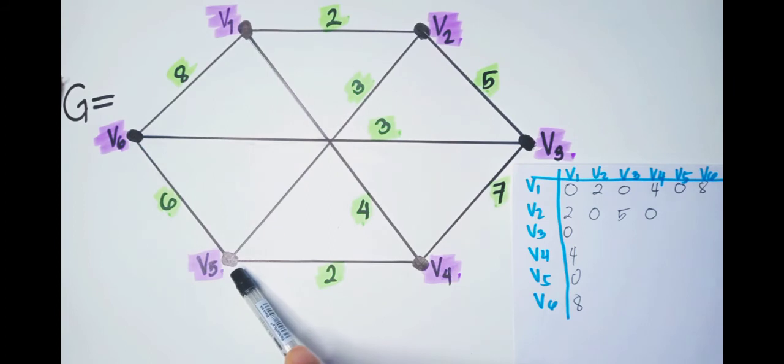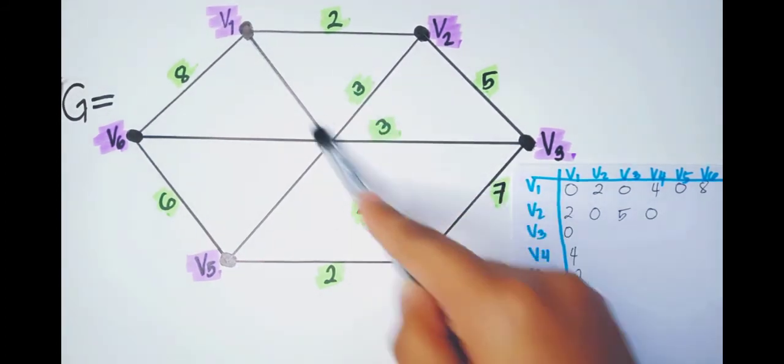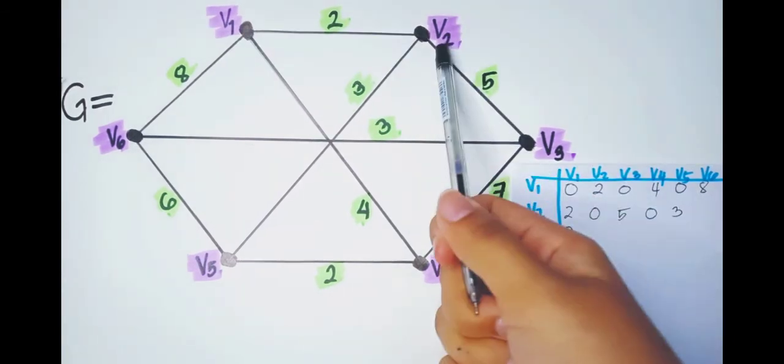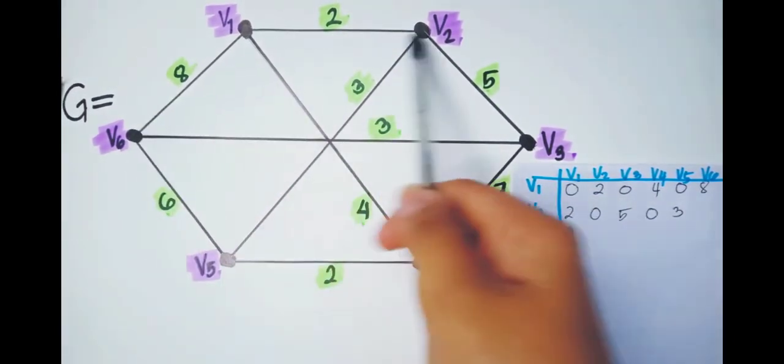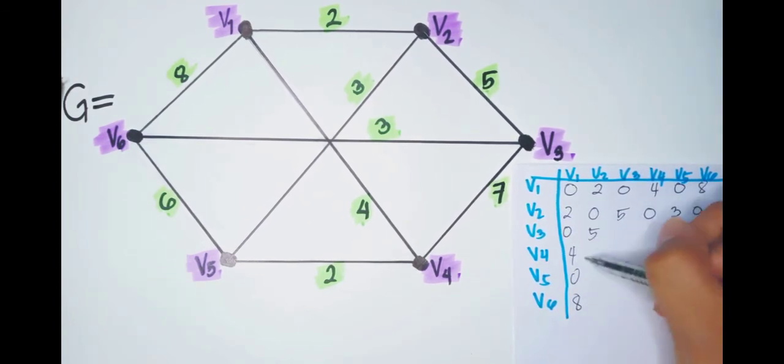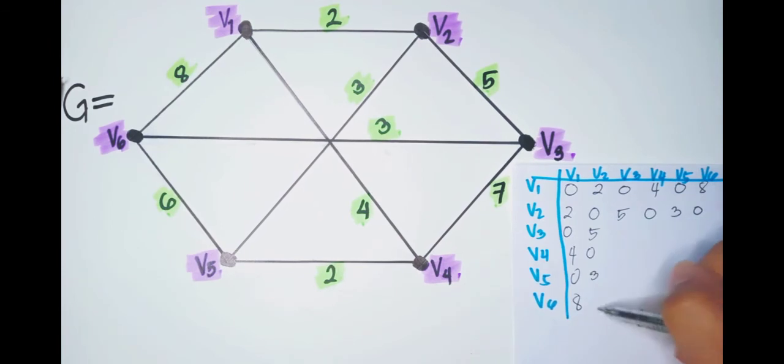V2 to V5 is connected, so we're going to put the number 3. V2 to V6 is not connected directly, so we're going to put 0 again. So just copy the horizontal to vertical. 5, 0, 3, and 0.